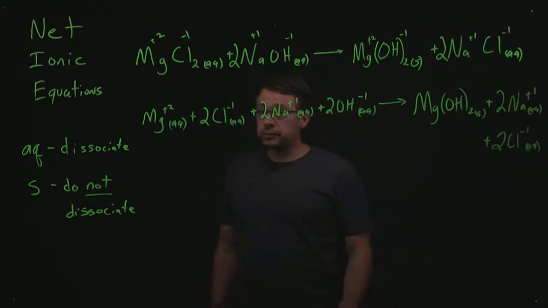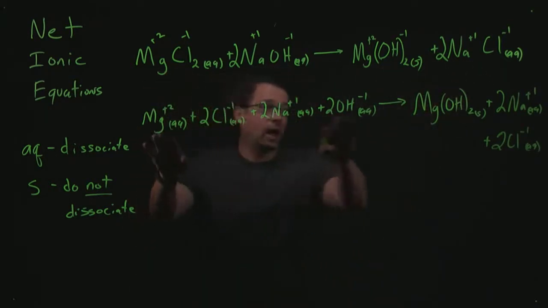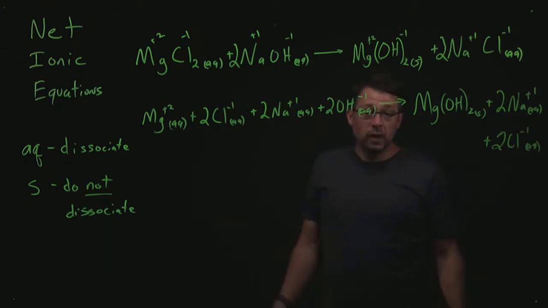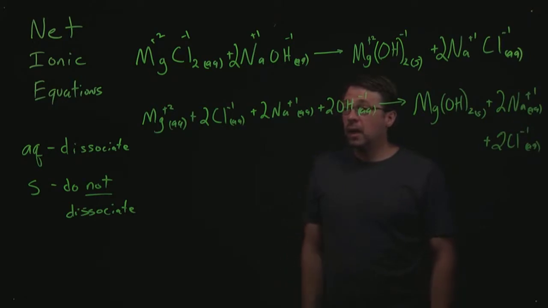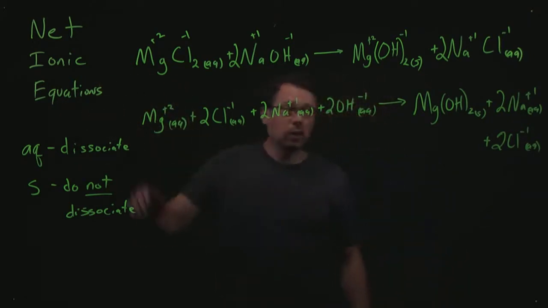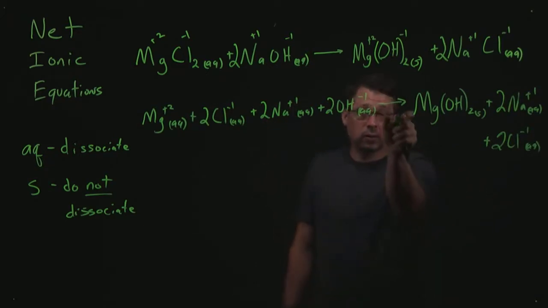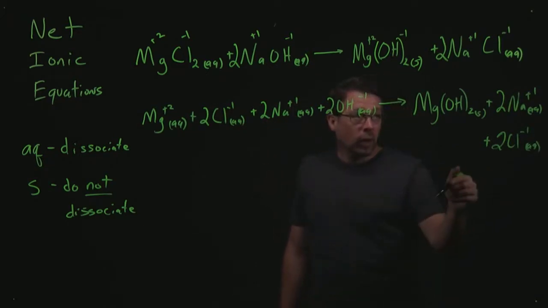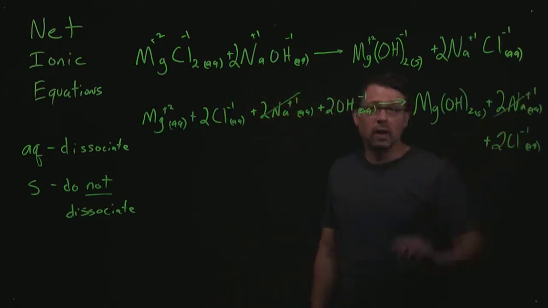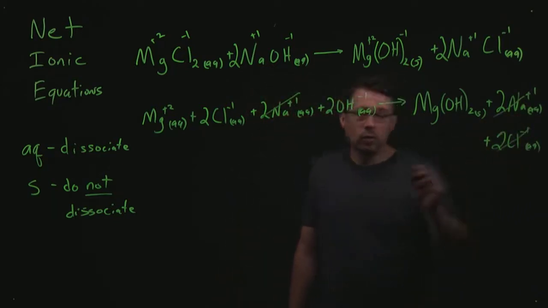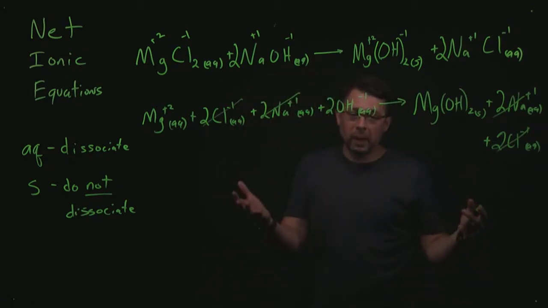Now, this is a double displacement equation. This is an ionic equation, which means we've separated things that dissociate into their respective ions. Now, to make a net ionic equation, you cancel out the ions that are the same on both sides. So this is sort of like an equal sign. So I can cancel out these 2 sodiums like that, and I can cancel out these 2 chloride ions like that on both sides. So we call those spectator ions.